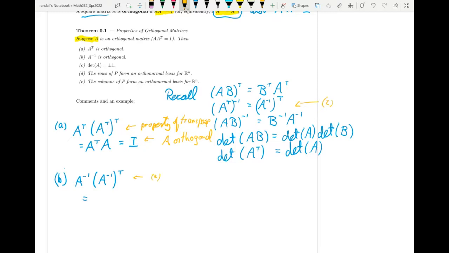Let's write 2 here. Okay, so that tells me that the transpose of an inverse of a matrix is the inverse of its transpose. So it's (A^T) inverse. Okay, (A^T) inverse.